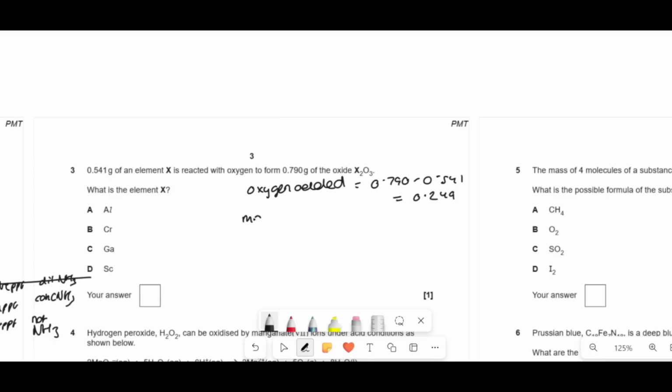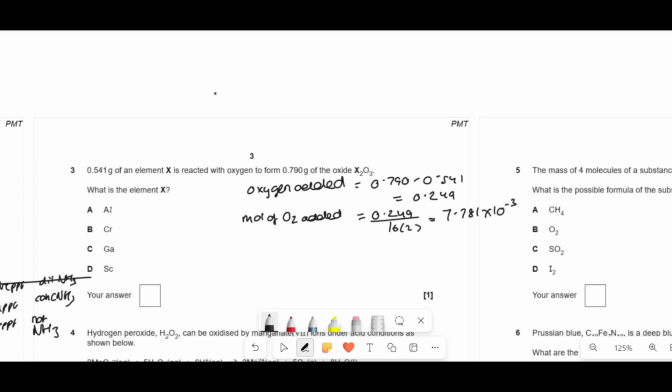If we work out the moles of the O2 added, because we're adding O2 each time, it'd be 0.249 divided by the Mr of oxygen, which would be 16 times 2. So if we do that, we would get 7.781 times 10 to the minus 3, right? So store that number somewhere.